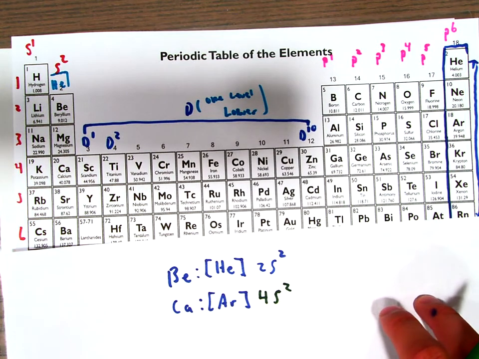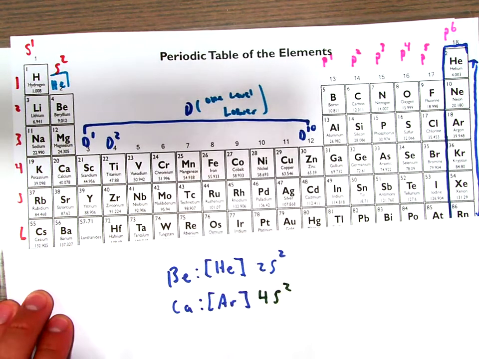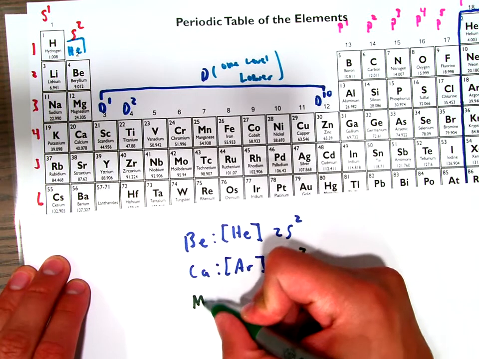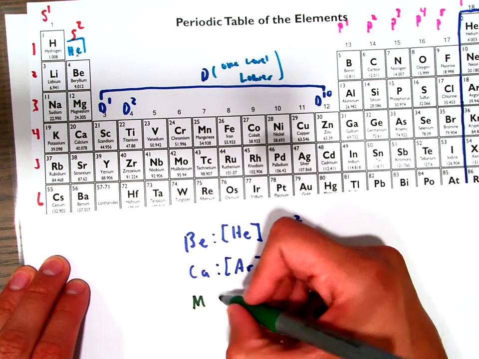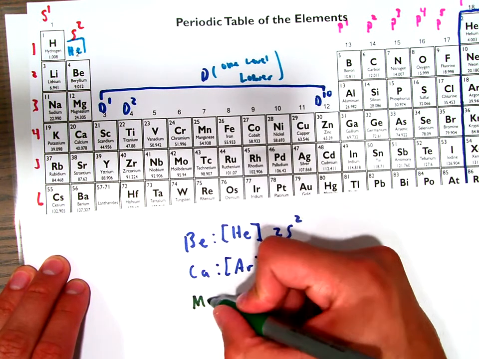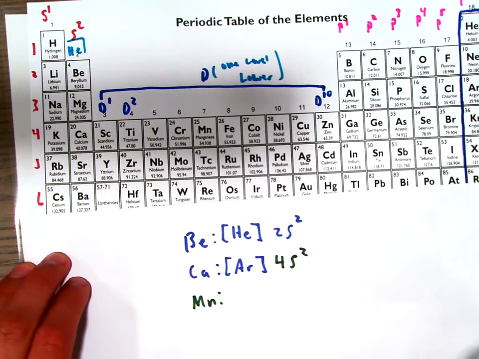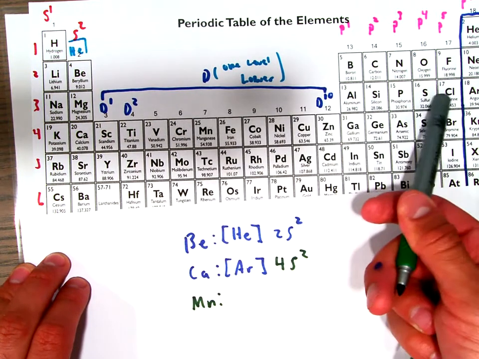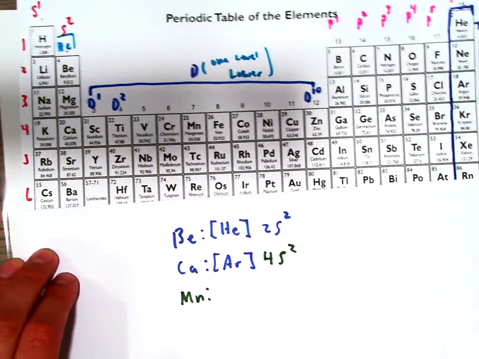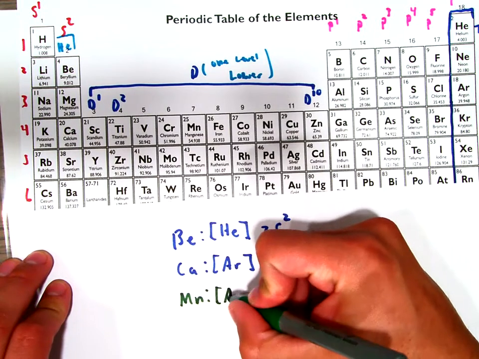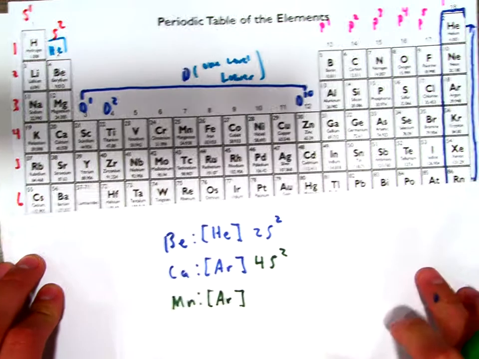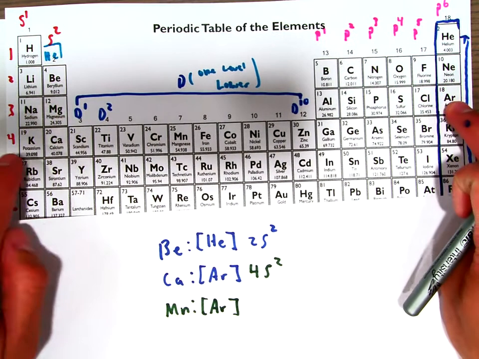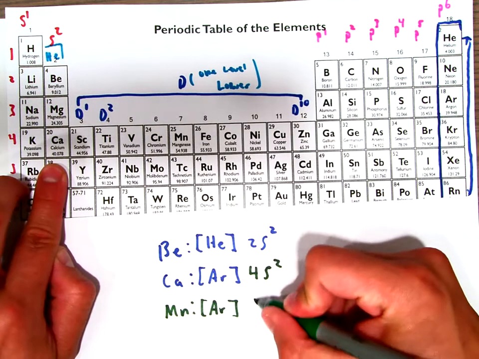How about we do one for magnesium? We already did that one, right? So let's do it for manganese. Sorry, manganese. Magnesium is another compound. Same process: we're here, go up and all the way to the right. It's also argon. Now we just start from argon and do the same thing. So it's 4s2.